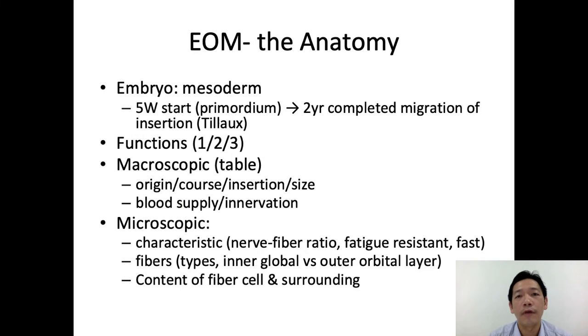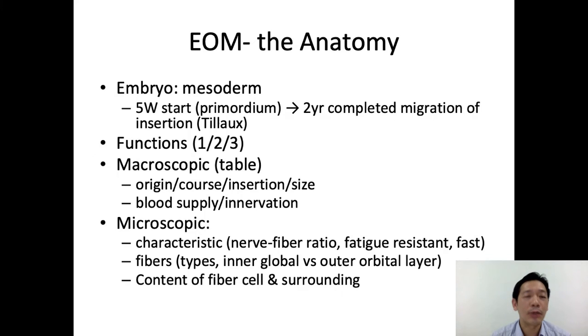The anatomy of the extraocular muscle is a very classical question where you can only get the answer from the books. So whatever you're able to get from the books to memorize is not something that we're going to discuss over here. But this is the general template that I would like to recommend when you answer a question on the anatomy of the EOM.